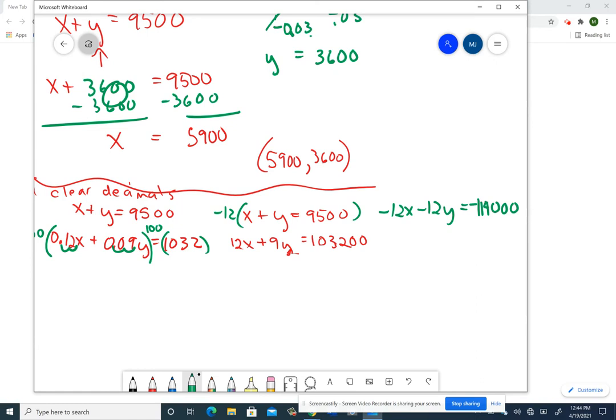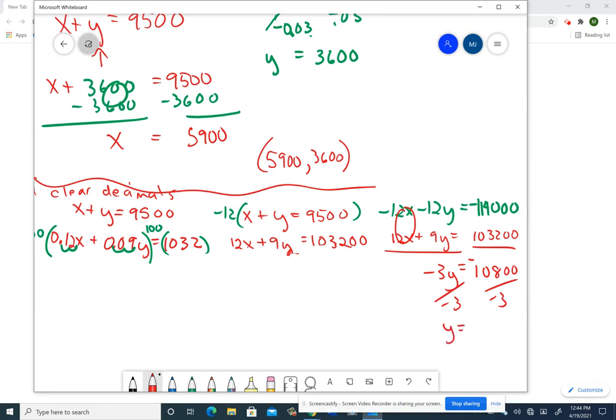Then you bring your other equation over. Then that's gone. You're ready to add. You get negative 3y. See, the decimal will be gone. That is why people sometimes do this. Then you divide by negative 3, and you get the same end result. And I'll stop there, but you could continue.